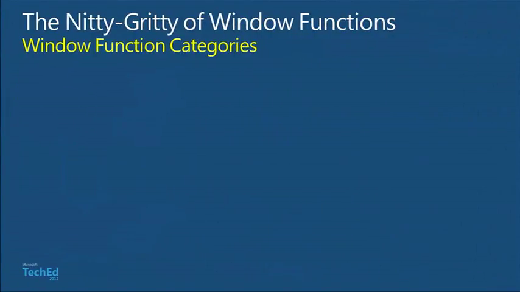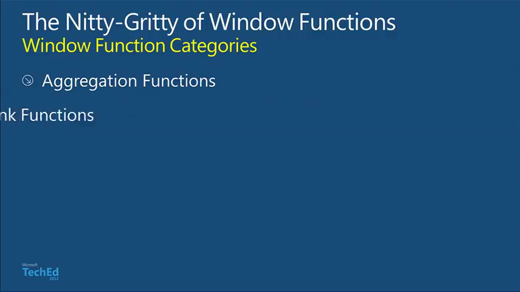In the SQL Standard we have 4 different categories. Aggregation functions, which are exactly the same as the aggregation functions we normally use: sum, count, average, min, max, all these functions. Rank functions. I have to ask a question, but there's no prize, okay? Has anybody here never used the ROW_NUMBER function?